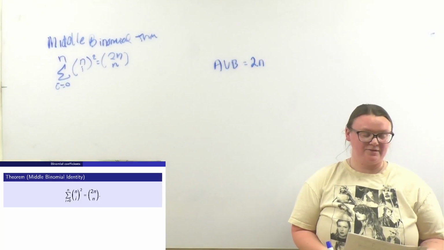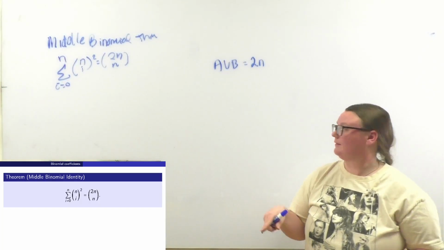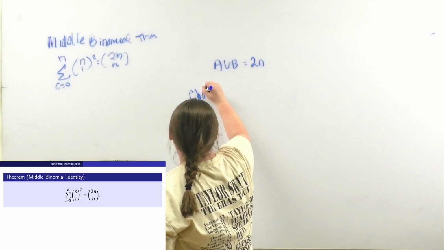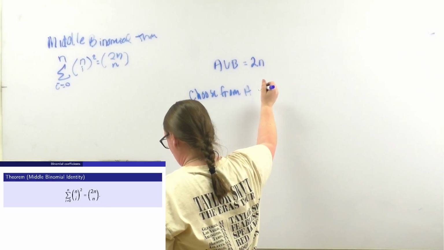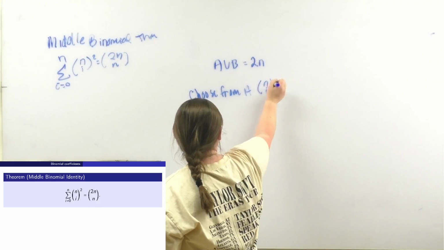And then the number of ways to choose i elements from A is going to give us n choose i.